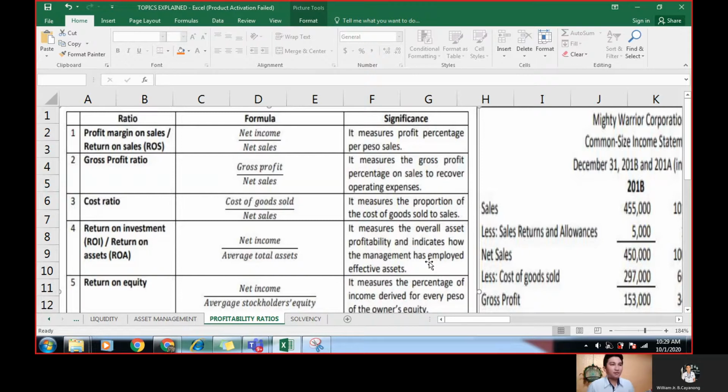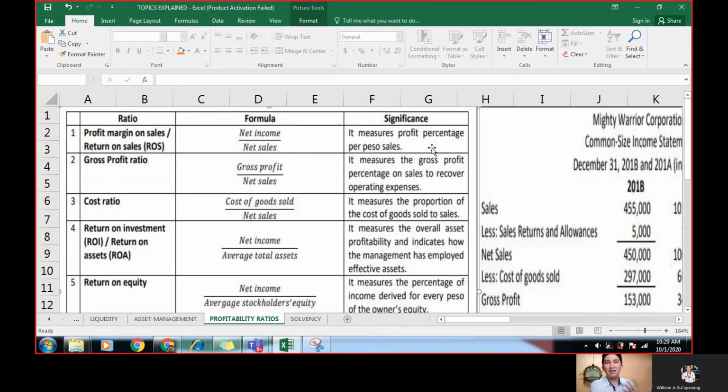So the first ratio is the profit margin on sales, otherwise known as return on sales. To get return on sales, you need your net income divided by the net sales. How significant is this one? It measures the profit percentage per peso of sales.